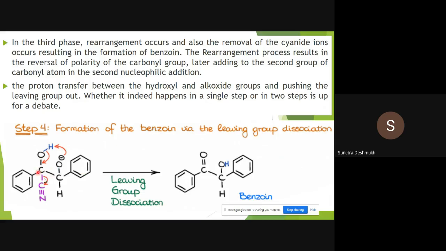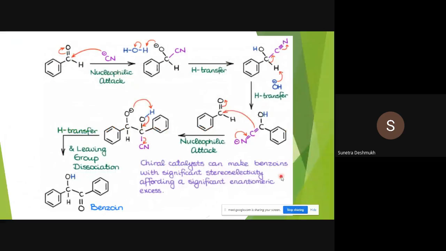So in this way, abstraction of the proton and elimination of this leaving group generates the benzoin. The last stage is the formation of benzoin via leaving group dissociation. So in this way, we got benzoin as a product. This is the total overall mechanism of the benzoin condensation reaction.